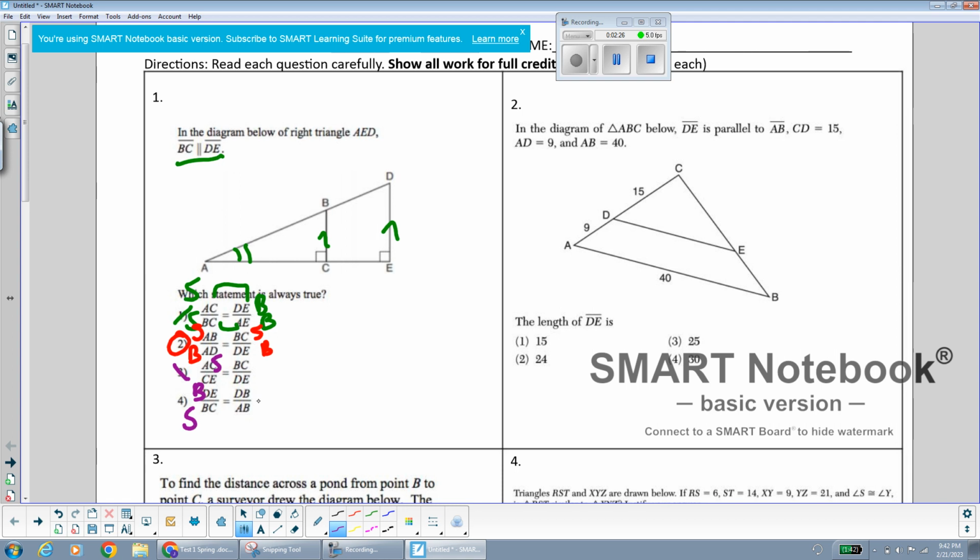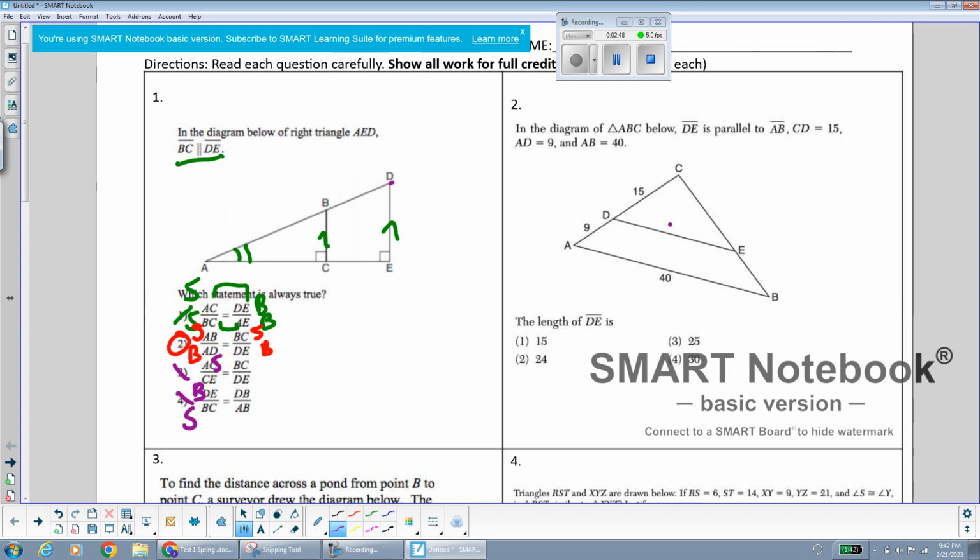So let's just check that this is also big over small and that they do correspond. DB, that's not from the big triangle. DA would be from the big triangle. DB is not from the small triangle either. BA would be from the small triangle. DB is not from any. Goodbye, answer choice 4.